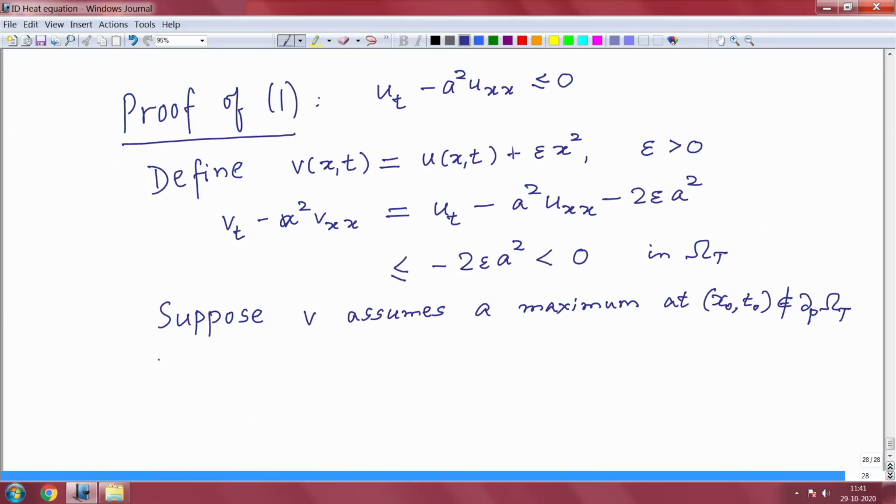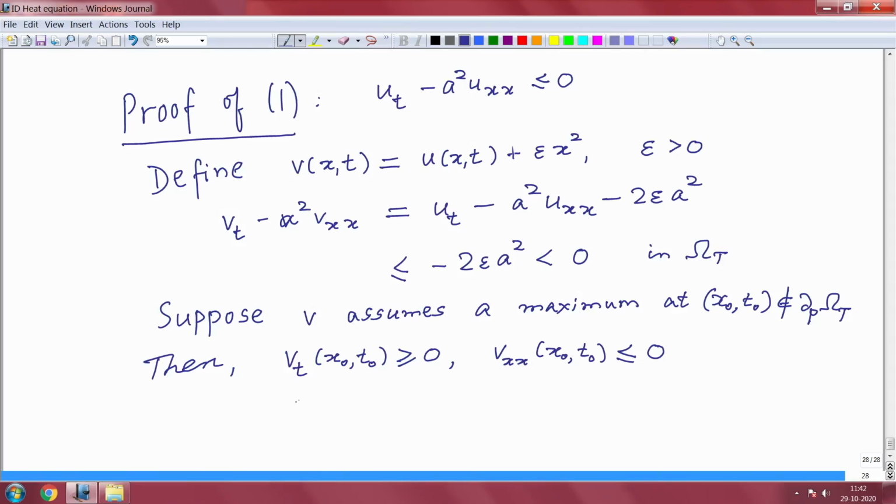Then from calculus we see that v t at x0 t0 is bigger than or equal to 0 and v x x at x0 t0 is less than or equal to 0. A comment about this: though it is first derivative, I am not putting equal to 0.